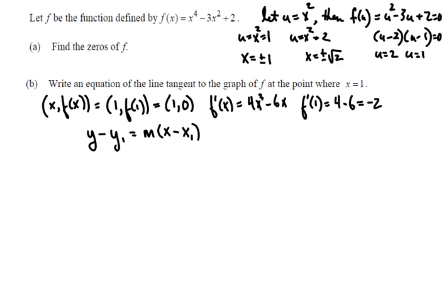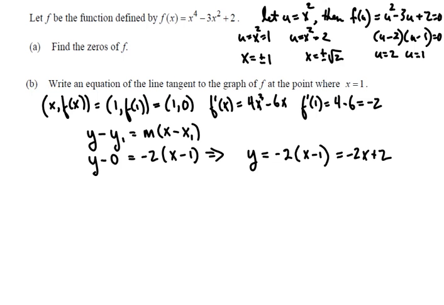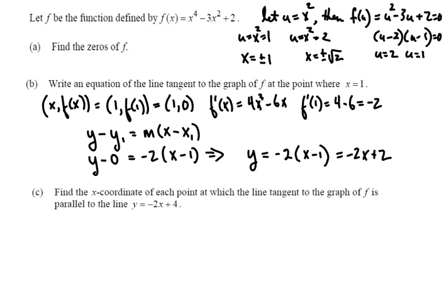Using the point slope form, our y1 is 0, our slope is negative 2, and x1 is 1. And so the answer to part B would then be y is equal to negative 2 times the quantity x minus 1, or negative 2x plus 2. Alright, and that gives us part B.